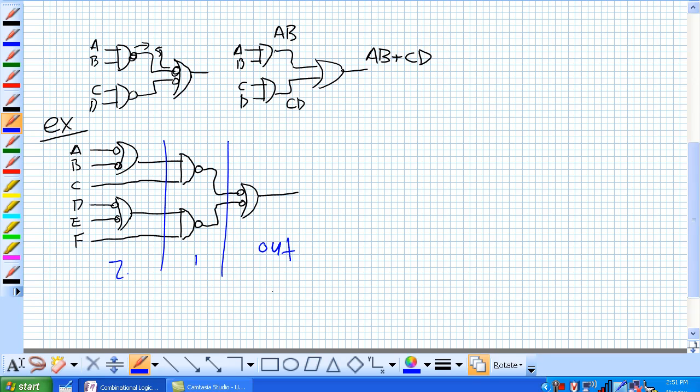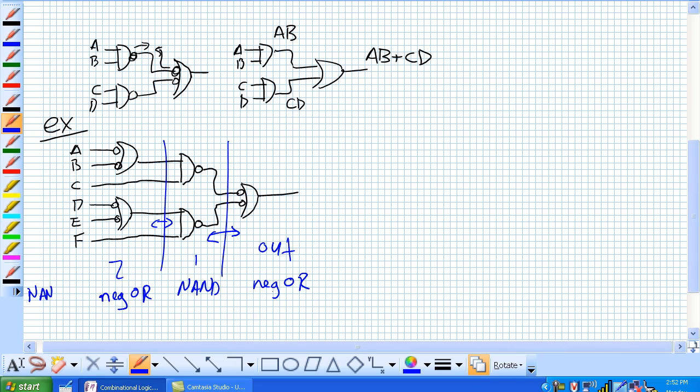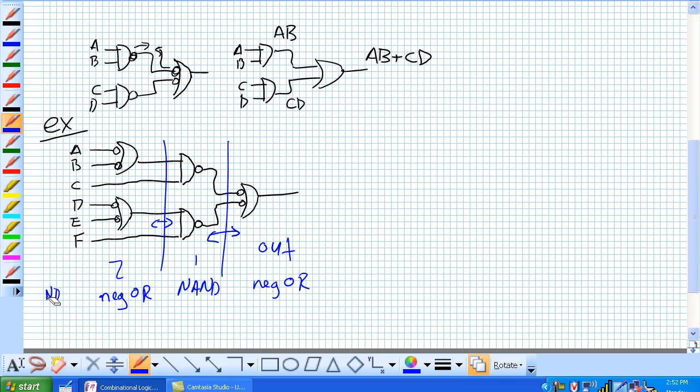So it's negative OR, NAND, negative OR. Notice how it's bubble to bubble. No bubbles. And if we had another level, this would be NAND over here. That'd be level 3, and that would be bubble to bubble also. But we're not dealing with that one. We only have a 2-layer.